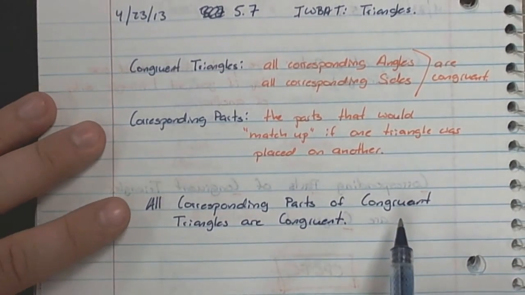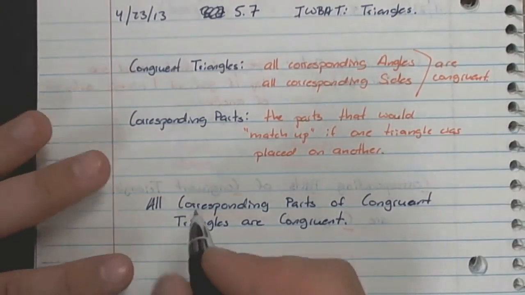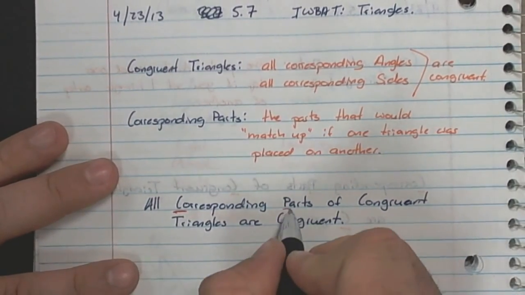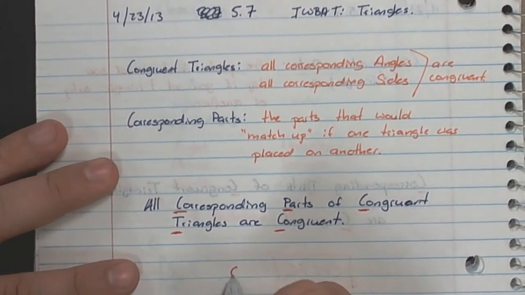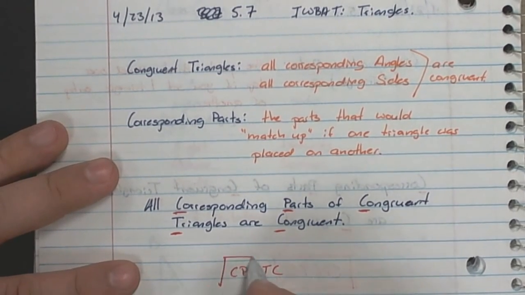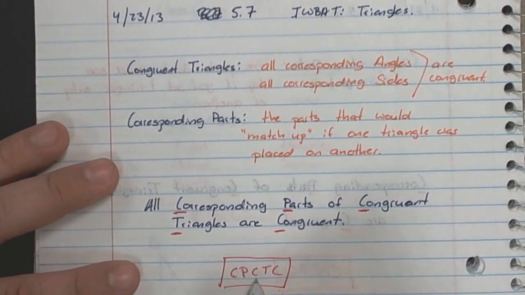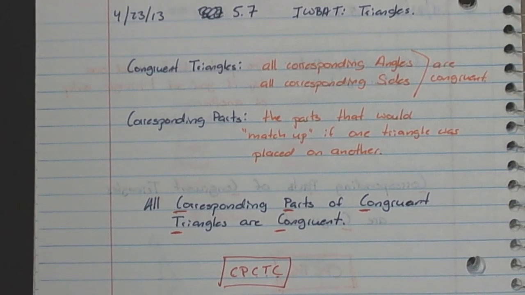If the whole things are congruent, then all the pieces are congruent. We abbreviate that a lot of times by using the first letters, CPCTC. So when I say CPCTC, that just means that corresponding parts of congruent triangles are themselves congruent. CPCTC.